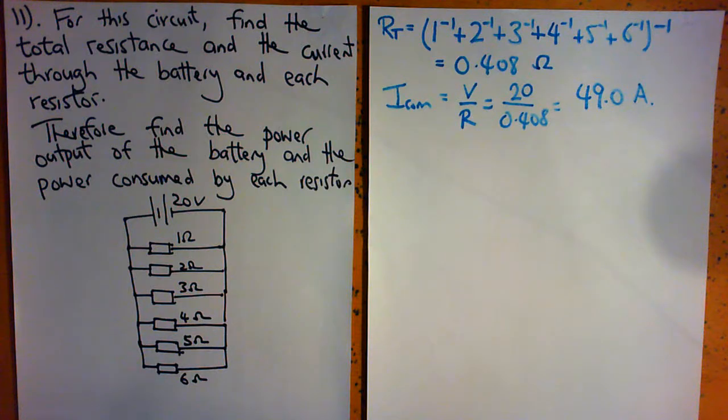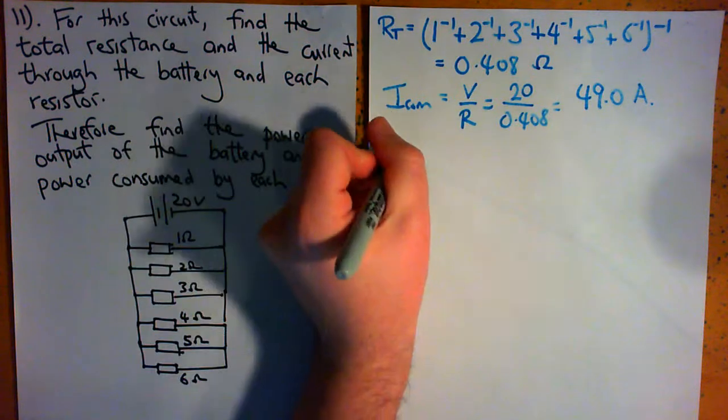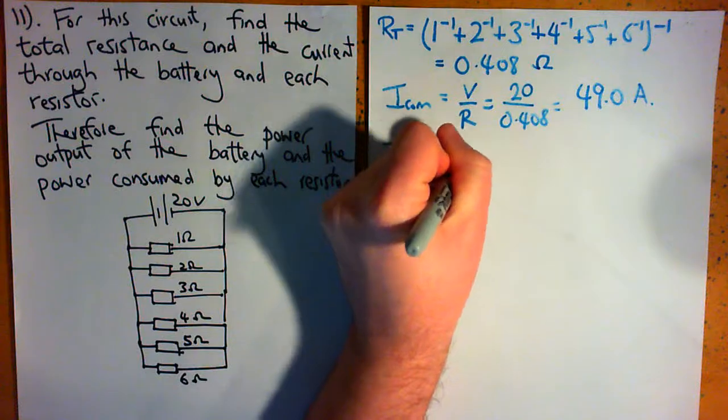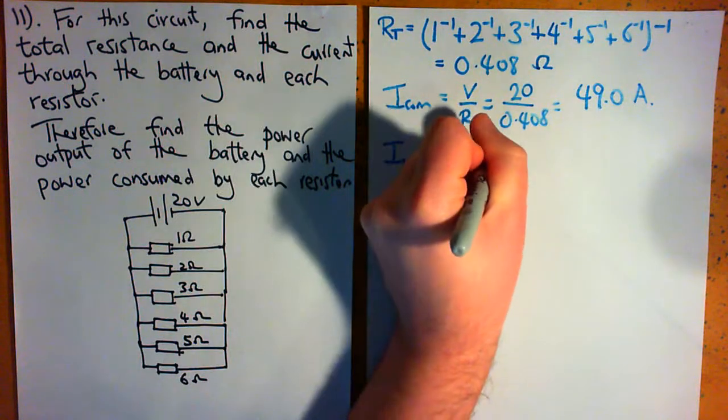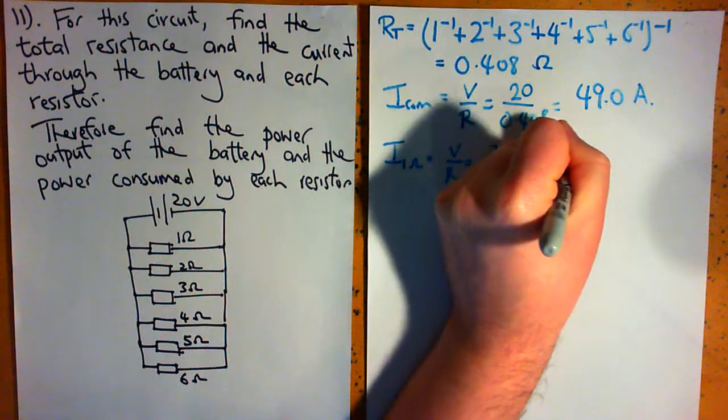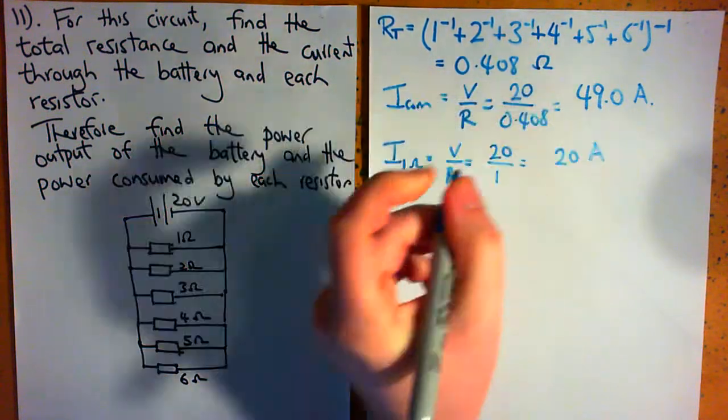Okay, so we've got the common current. Now let's find the current through each resistor, which is going to be obtained by using that same formula, Ohm's law of V upon R for each individual resistor. For the 1 ohm resistor, that's V over R, which is 20 over 1, and we get 20 amps there.